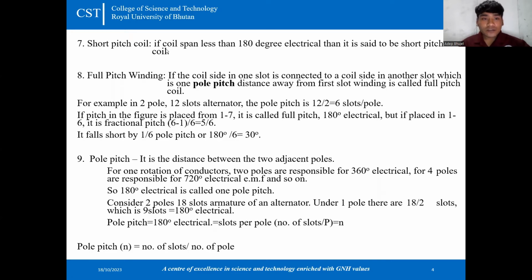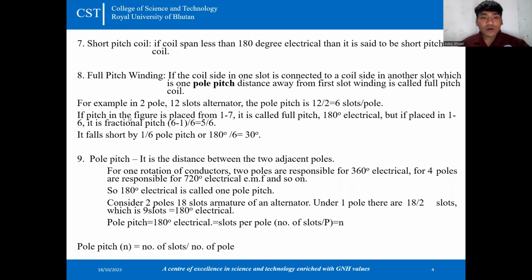The next term we have is full pitch winding. If the coil side in one slot is connected to a coil side in another slot, which is one pole pitch distance away from the first slot, the winding is known as full pitch coil. And if it is not one pole pitch, if it is less than one pole pitch, then we say it is fractional pitch.